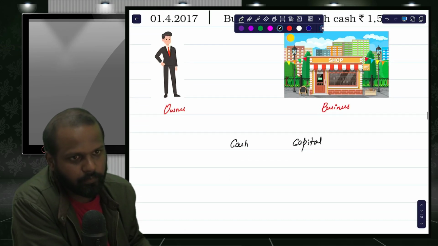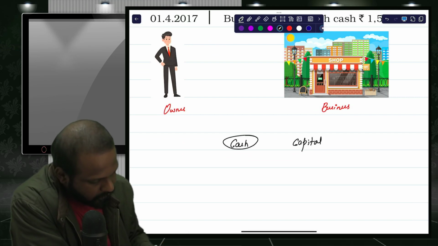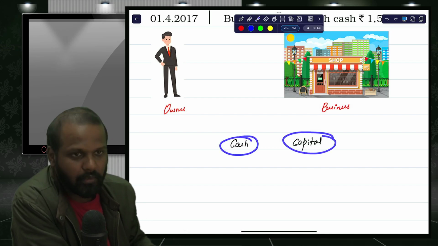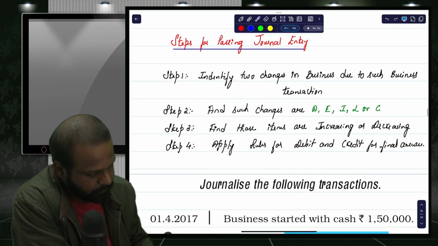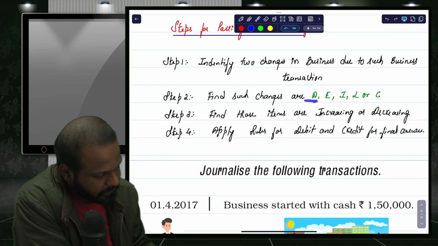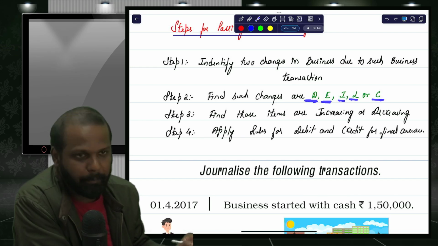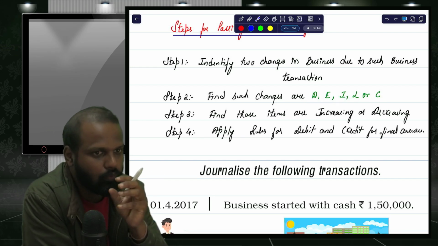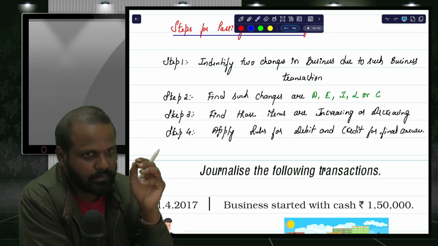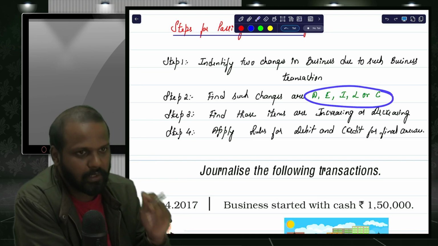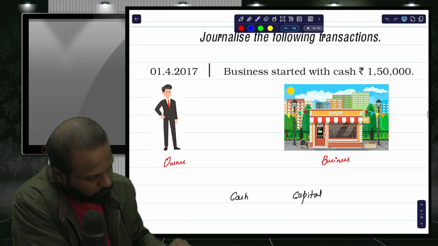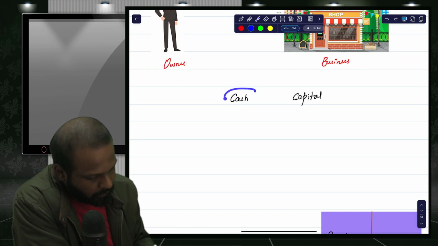Next, what we need to do, whatever these two things that have changed, cash and capital, you need to find: is it an asset, an expense, income, liability or capital? You just need to match what these two things are out of these five terms. Now, cash.